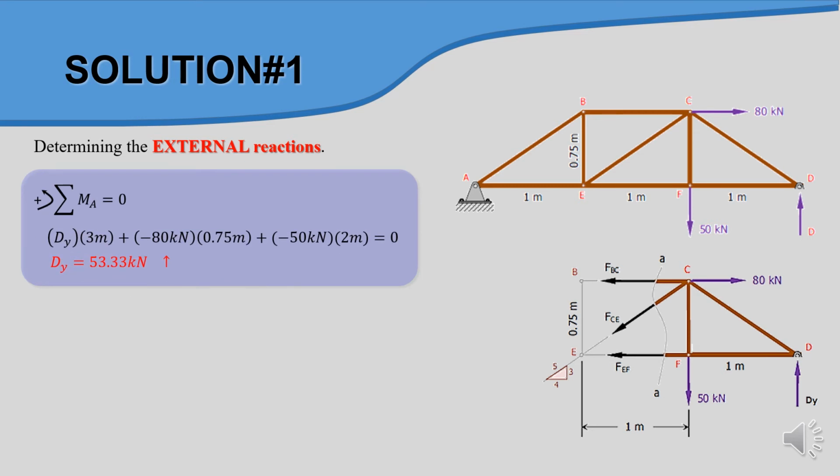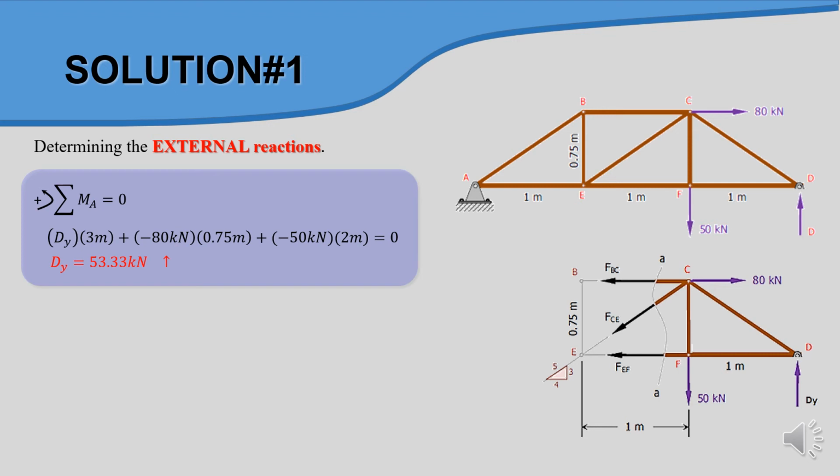We have point A, so you can start at point D or at point A for the moment. At point A we have two reaction forces, AX and AY. So that means we will eliminate these two by using the moment at point A. So we will get the value of the reaction at point D, DY.